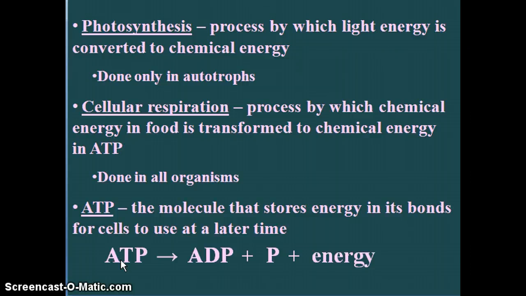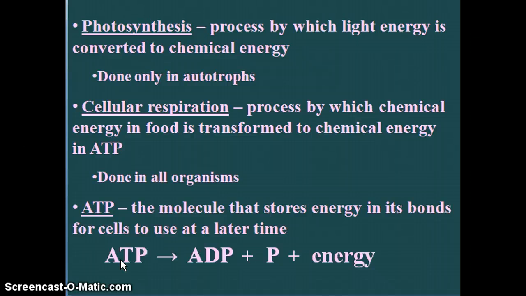Auto, you see the word, automatically make their own food, plants. The second process is cellular respiration. Well, you see cells respire. So think about this. This is a process by which chemical energy in food, glucose, is transferred to chemical energy in ATP.